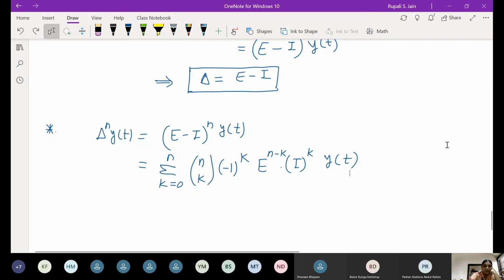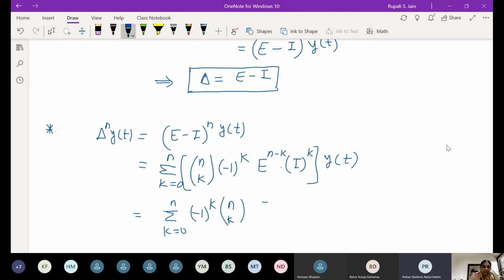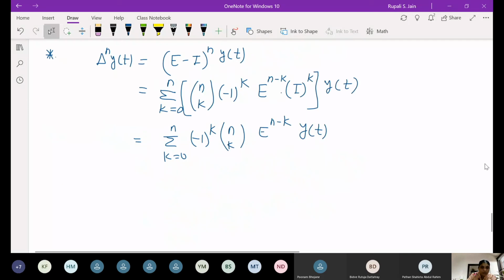The whole thing is operated on yt. But I raised to k is again the same thing. So instead of that, I can write summation 0 to n, minus 1 raised to k, nCk, e raised to n minus k operated on yt. So e raised to n minus k operated on yt is what?